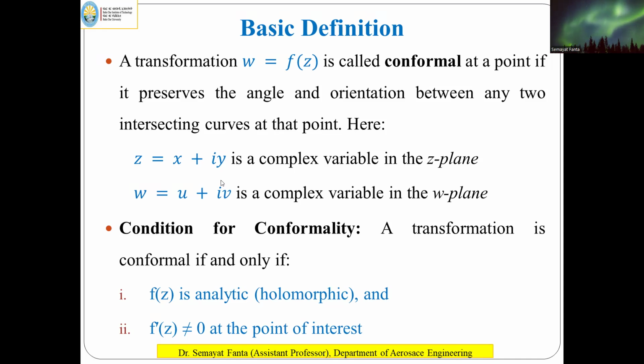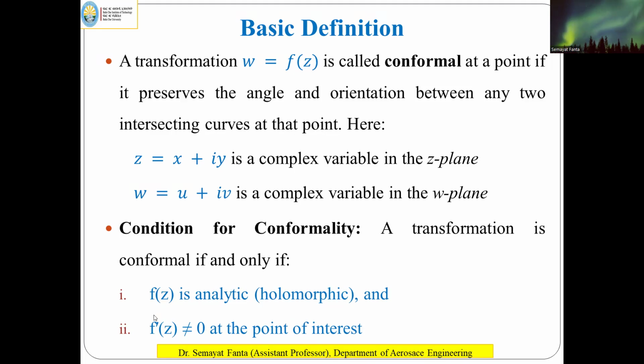Therefore, z equal to x plus iy is the complex variable in the z plane, which is the initial plane, and w equal to u plus iv is the complex variable in the w plane, which is the transformed plane. So what is the condition for conformality? The transformation is conformal if and only if f of z is analytic or holomorphic, and f prime of z, which is the derivative of f of z, is different from zero at any point of interest.